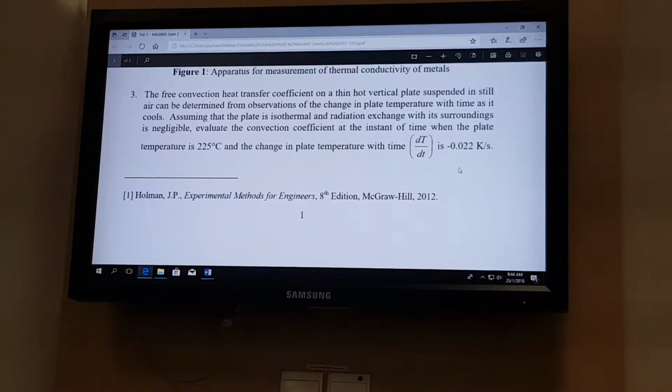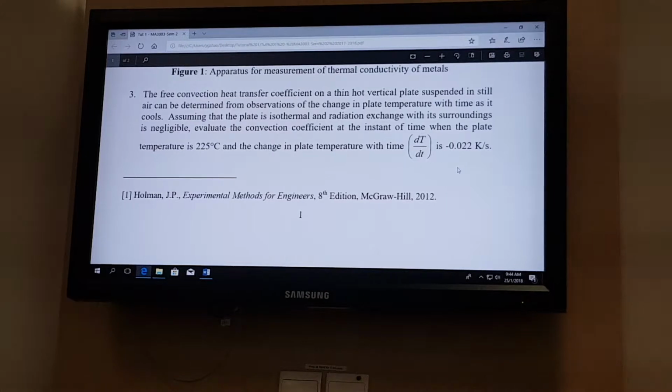This part is rho V c dT over dt, so this part becomes m c dT over dt. Now I want to find what H is. If you tabulate everything, the purpose is giving you the dT over dt, the gradient.